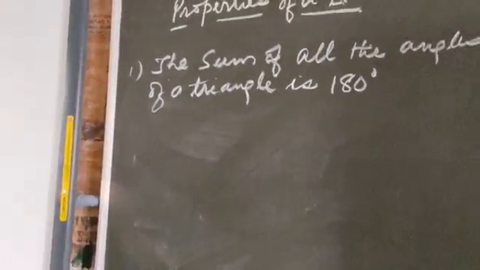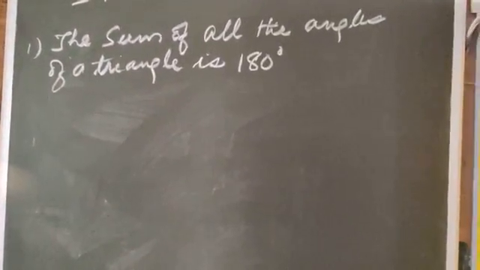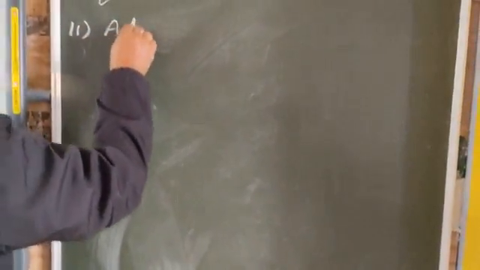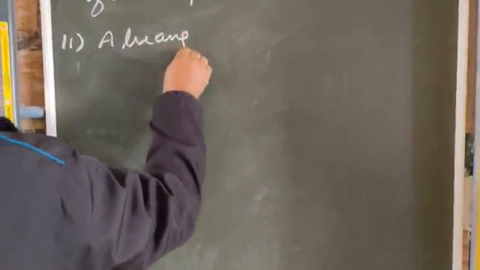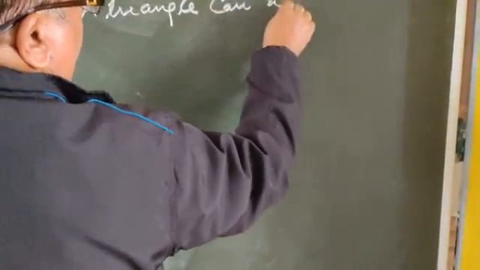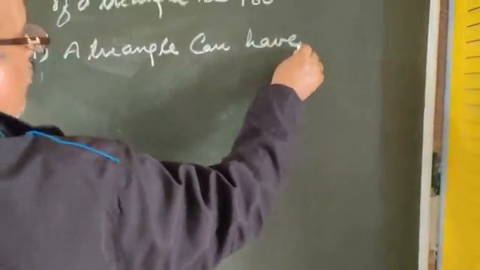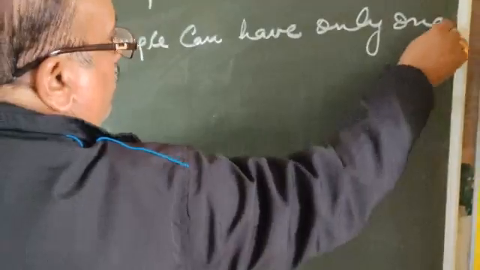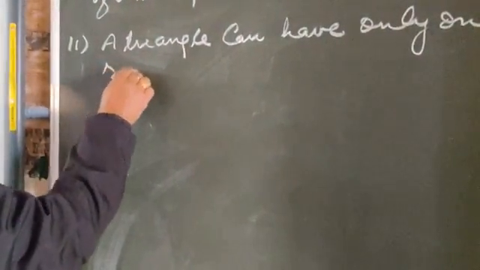Next property: a triangle can have only one right angle.